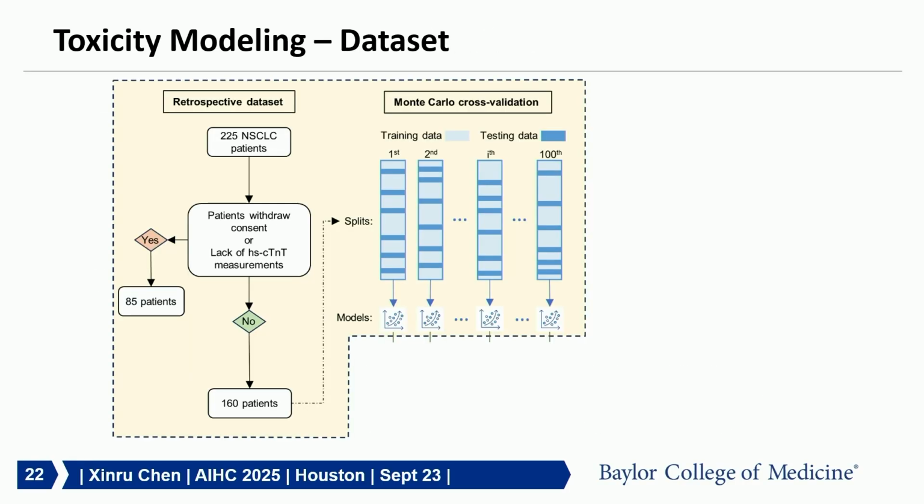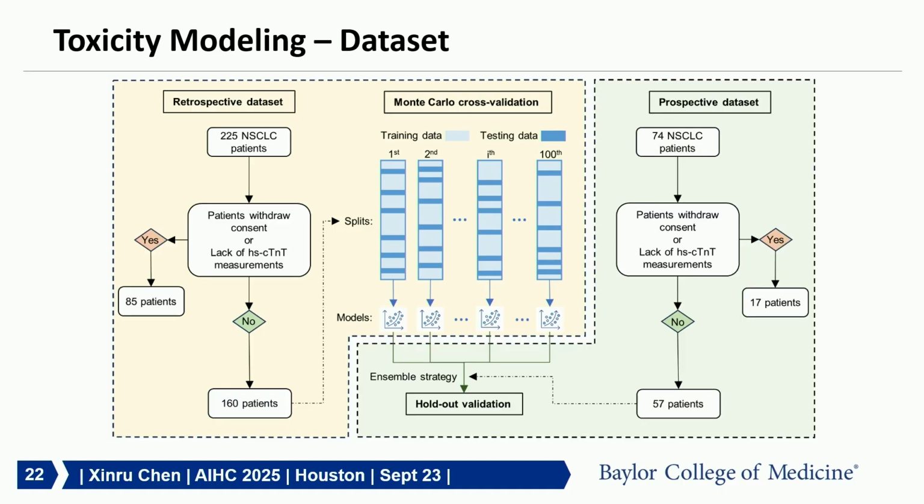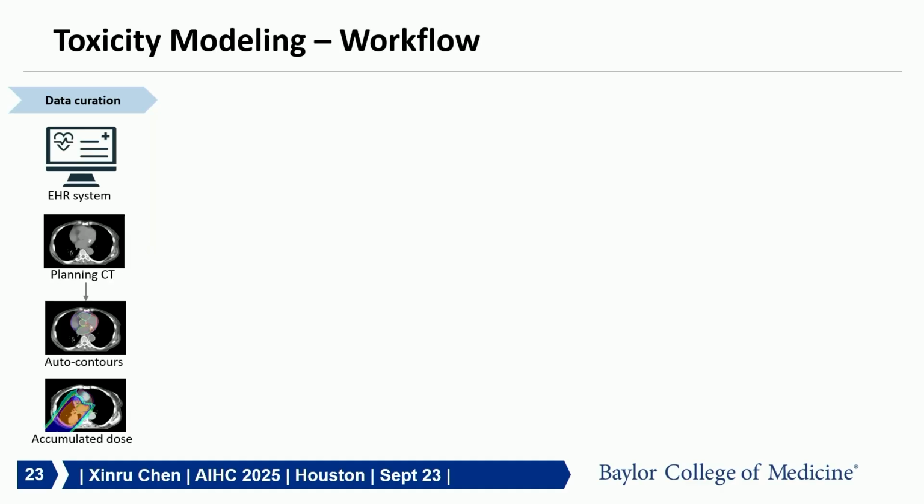After excluding patients who withdrew their consent or lacked enough measurements, we had a total of 160 patients used in the Monte Carlo cross-validation to construct machine learning models. Similarly, 57 patients from the prospective dataset were retained for holdout validation.